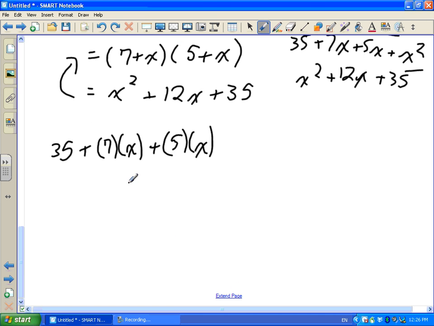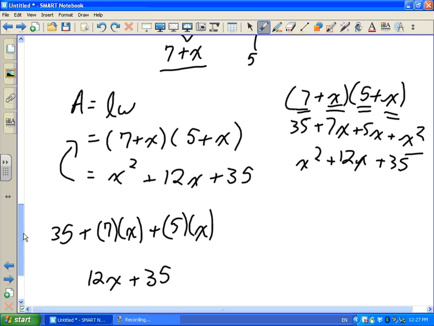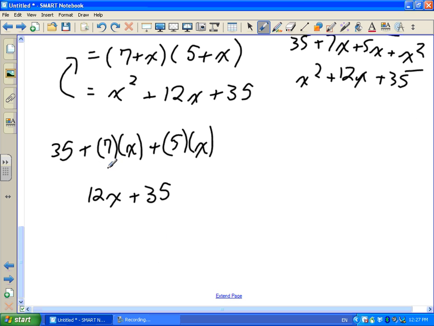So my new area, I'm just going to simplify this, is going to be, anyone know? 12x plus 35. So here's our new area. Our new area is our 12x plus 35. So we can substitute that in for our new area.